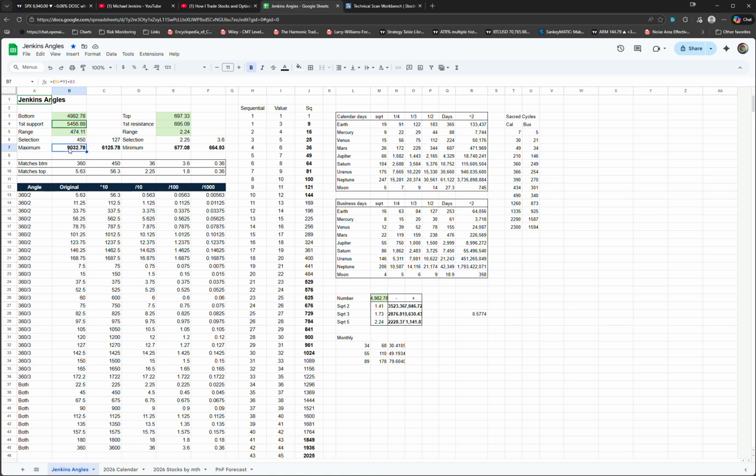Using 450 times 9 and adding it to the low gives us an upper target for the complete range of this movement of potentially 9,032.78. It's not a forecast to get to 9,032.78, but a way to find the levels of interest between the starting point and that upper range.